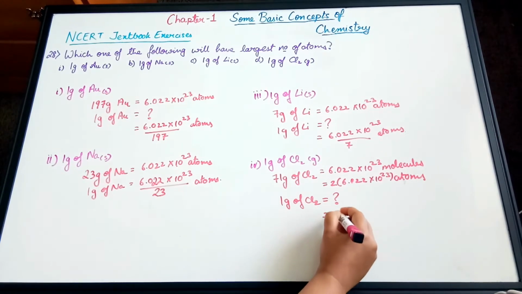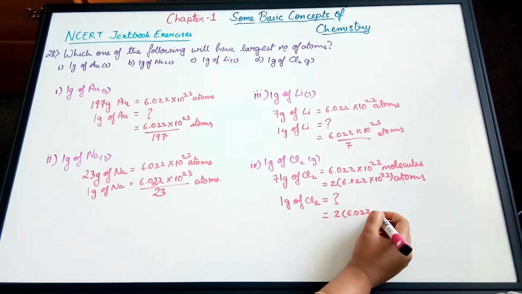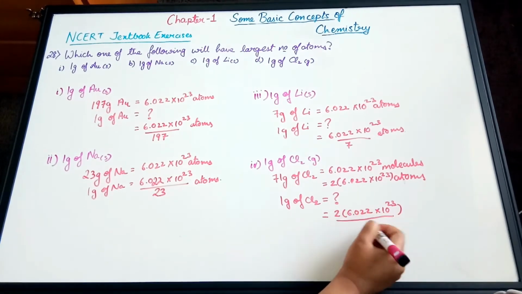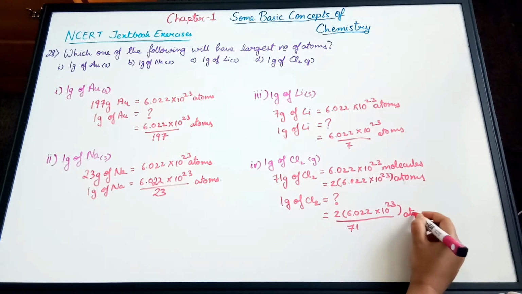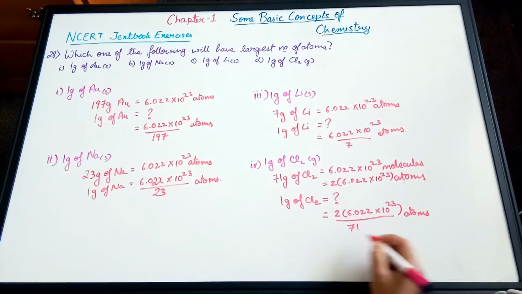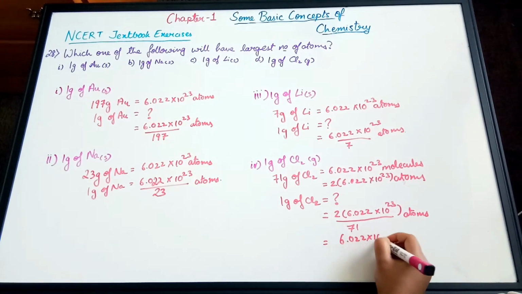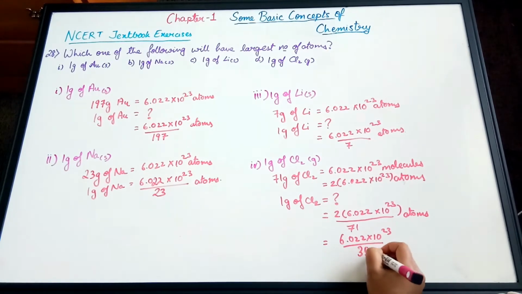This is given by 2 into 6.022 into 10 to the power 23 divided by 71 atoms. This simplifies to give us 6.022 into 10 to the power 23 divided by 35.5 atoms.